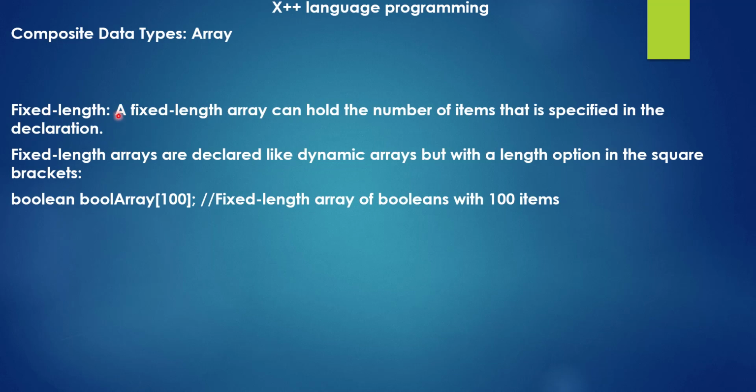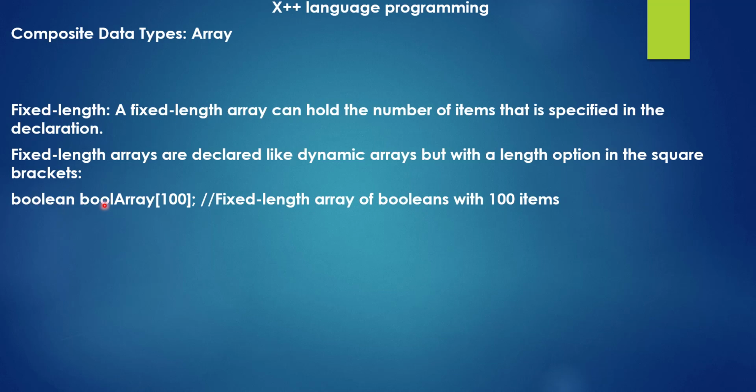Let's see about the fixed length array type. The fixed length array type can hold the number of items that is specified in the declaration. Fixed arrays are declared like dynamic arrays, but with the length option in the square bracket. Here you can see boolean, which is a data type, and a variable bool array, with a square bracket and inside it an integer value of 100, which is a fixed length array of boolean with 100 items.